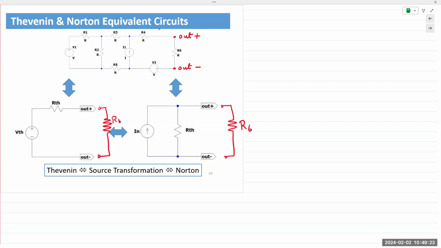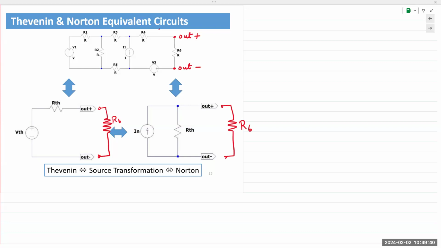And again, Thevenin's theorem states that you could analyze the circuit independently of that component and represent that entire rest of the circuit as a single voltage source in series with a resistance.